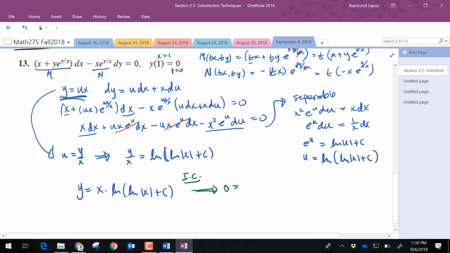So 0 is equal to 1 times ln of ln 1 plus c. ln of 1 is 0, right? So 0 equals ln of c. c equals 1.